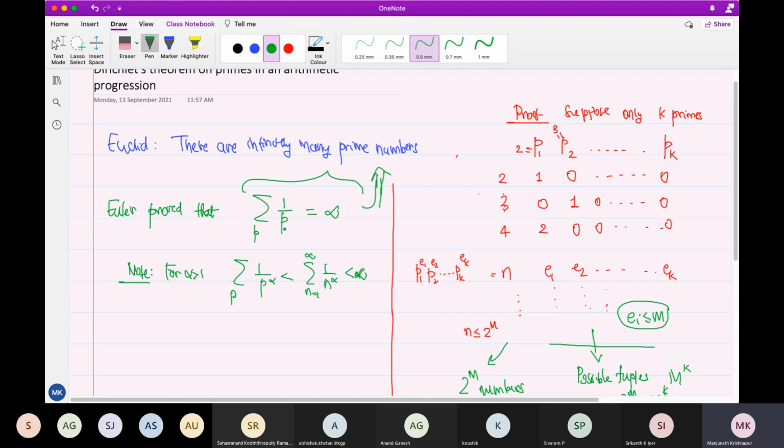For example, if we order the primes p1, p2, p3, and so on, pk cannot be going like k to the power 2, because then the sum of reciprocals would have converged. pk cannot even be going like k to the 1.1, because then the sum of reciprocals would have converged. So we know pk is at least k, and pk is going so slowly that the reciprocal sum still diverges.